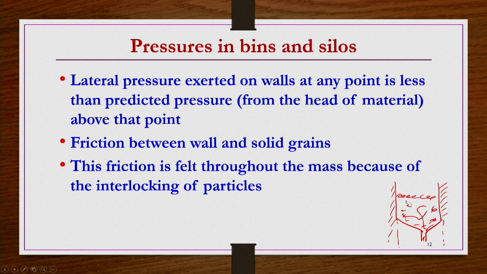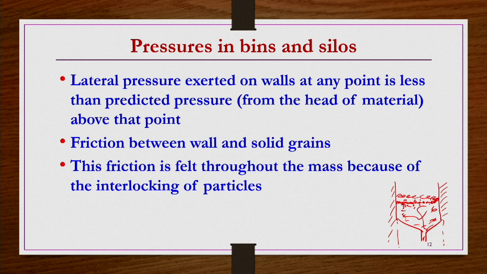You have a solid material here, having some friction with the wall, right, and this particle is again connected or attached to some other particles. So, there will be interlocking of the particles again like this. In the other direction also there may be friction between the particles and the wall.